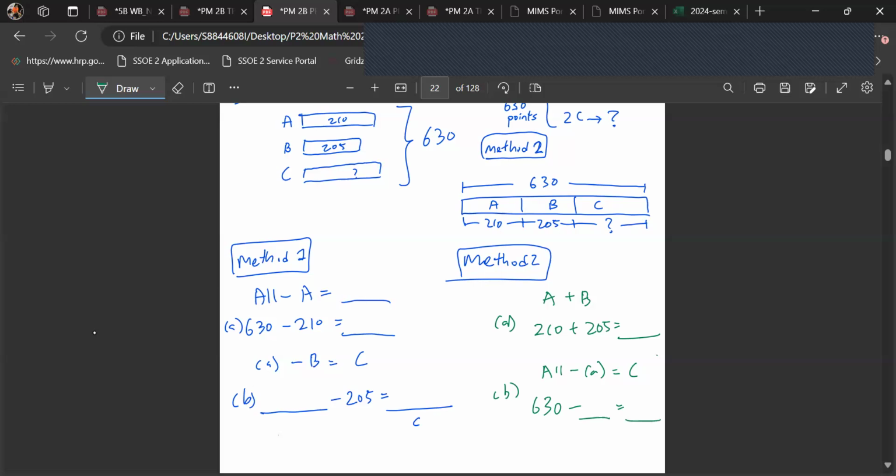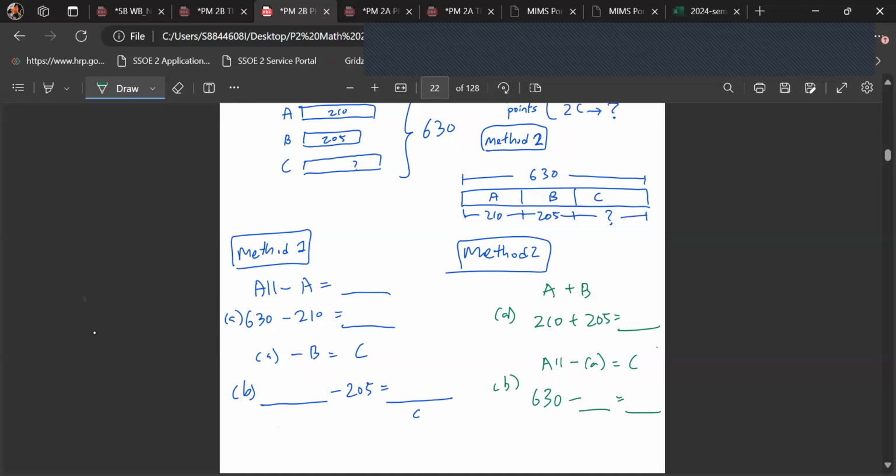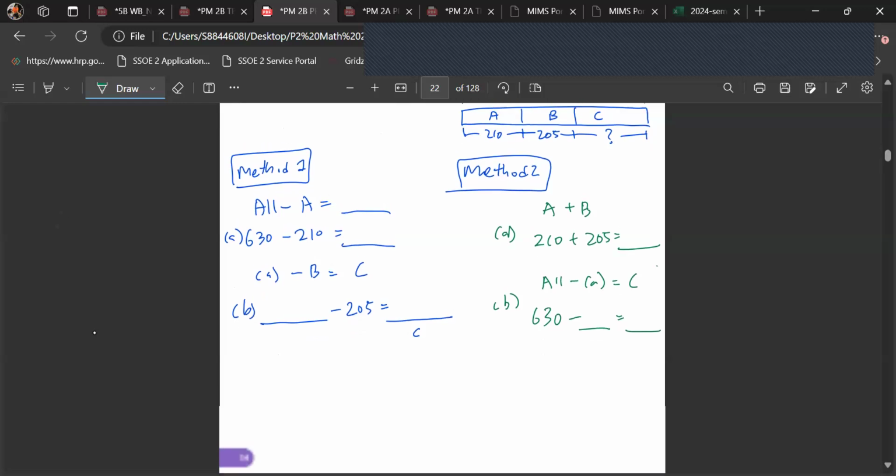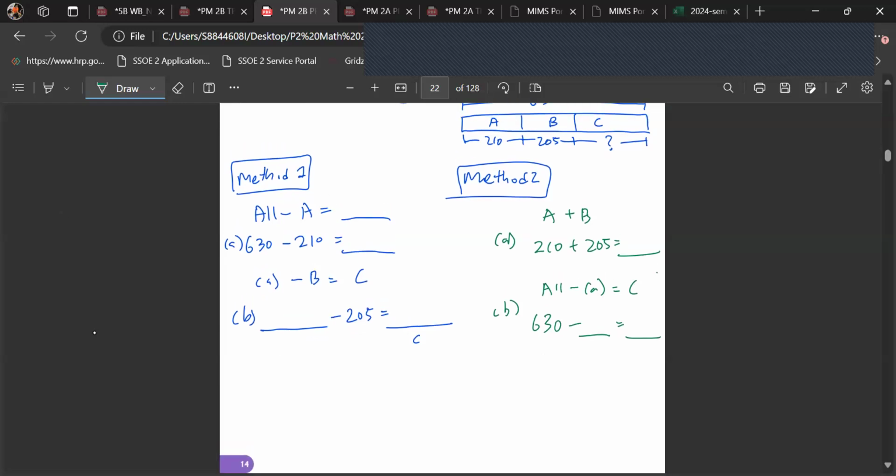So it's up to you. You can choose to do minus minus, I minus A, then I minus A. Or I can choose, I add A and B together first, then I minus A and B. Okay? So which one do you want to do? Okay, let's say I plus A and B first and I add. Okay, let's see whether we get the same answer.